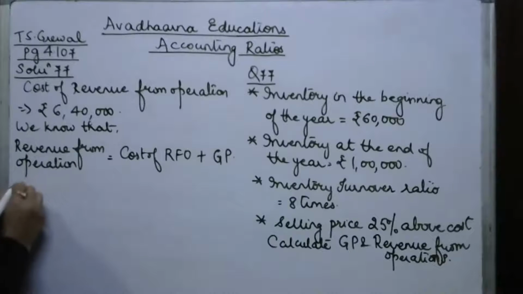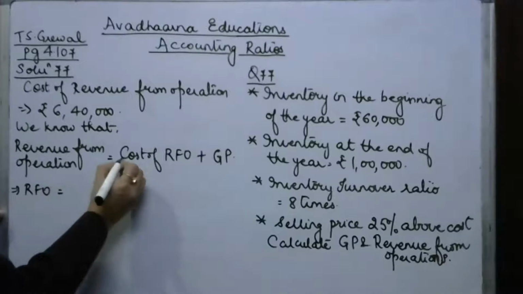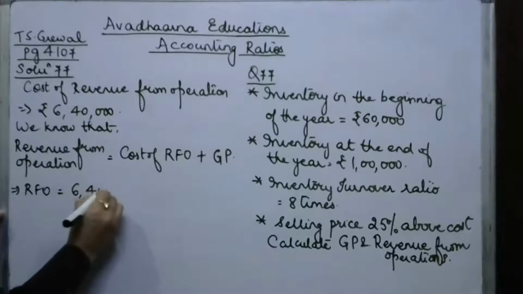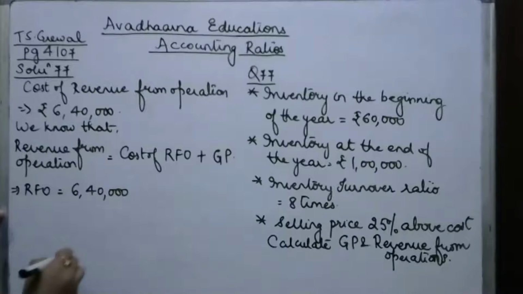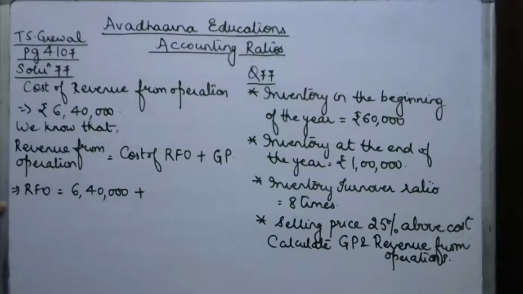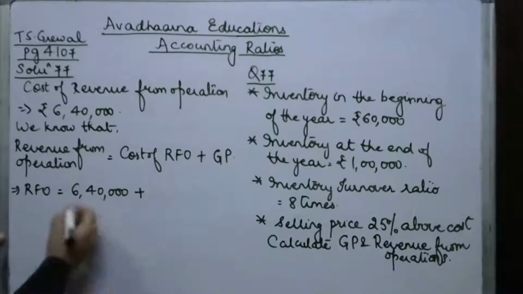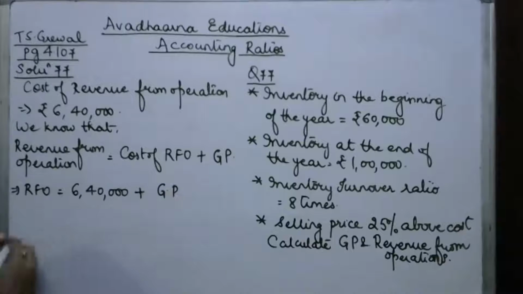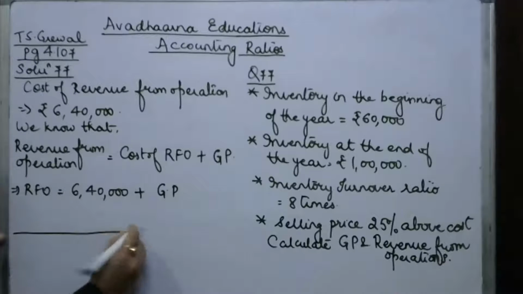So revenue from operations, fine. Cost of revenue from operation is 6,40,000 plus your gross profit. It's written it is 25% above cost. Fine. Gross profit, let it be GP itself. Let's solve it over here and then we'll substitute the values above.